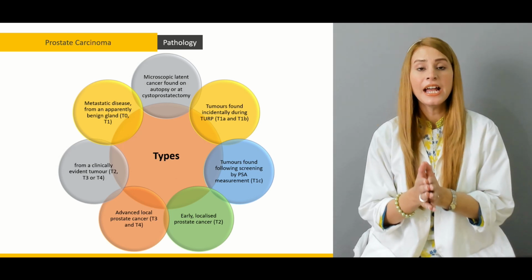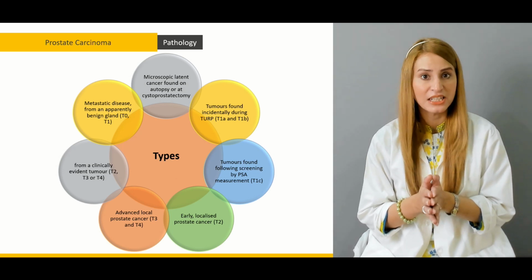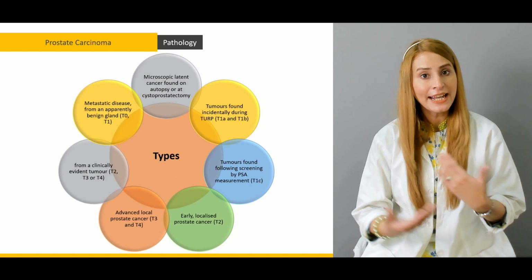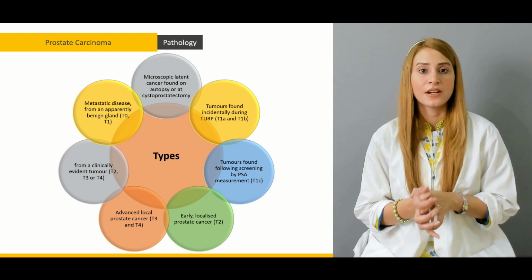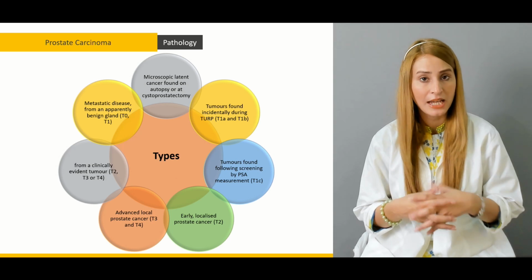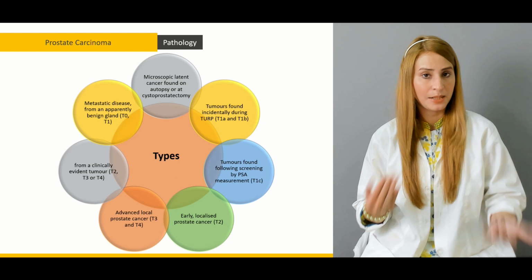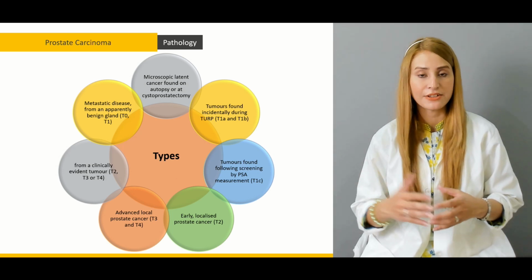So starting from the microscopic latent lesions, which you can find in transurethral resection of the prostate in case of benign prostatic hyperplasia, I will be discussing the TNM staging for prostatic cancer later in the presentation.